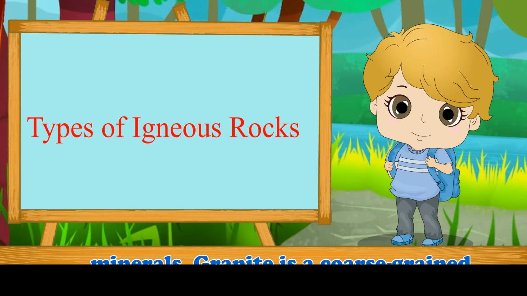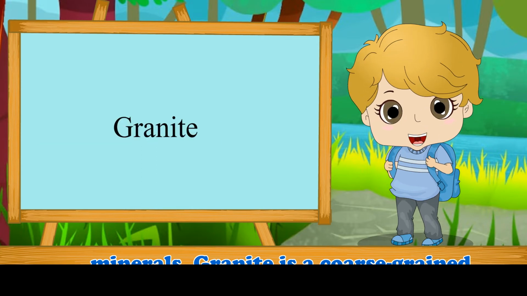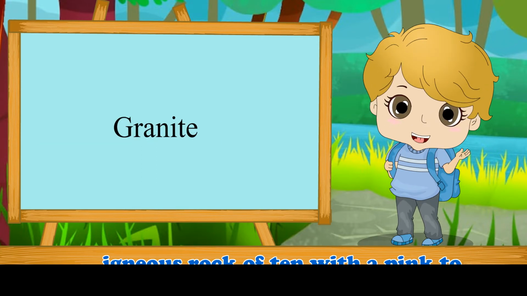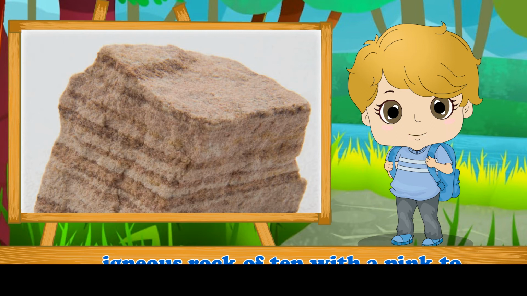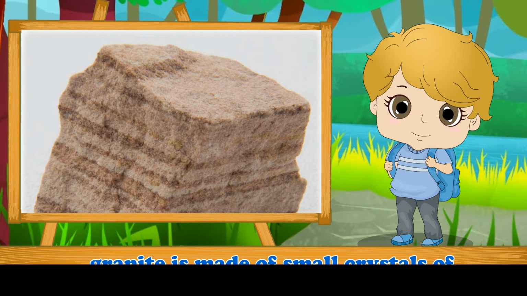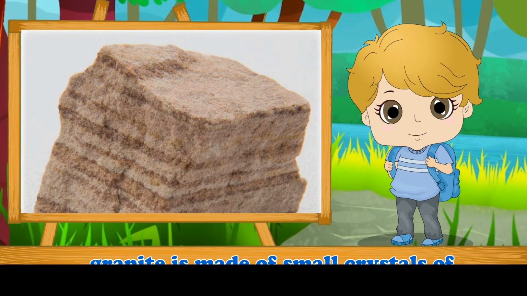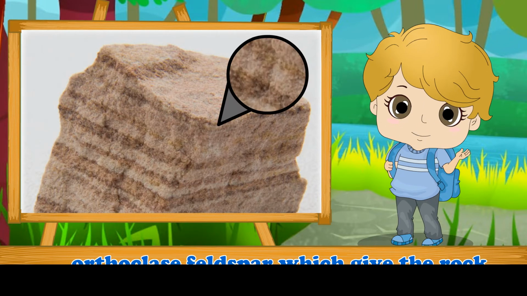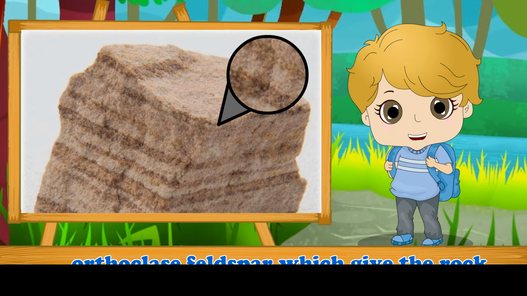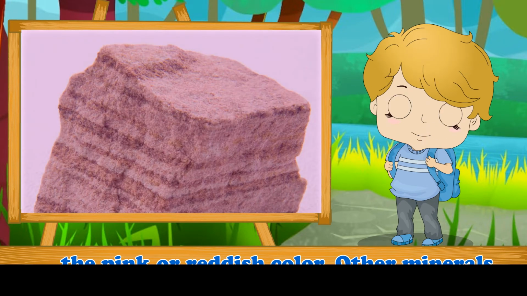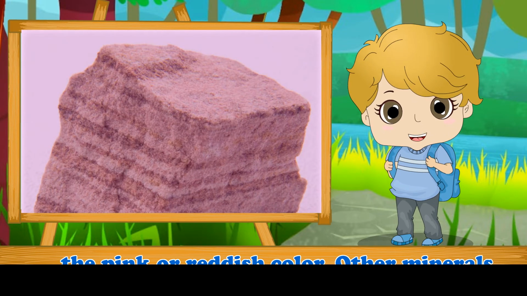Types of igneous rocks. Granite. Granite is a coarse-grained igneous rock, often with a pink to reddish color. A large portion of the granite is made of small crystals of orthoclase feldspar, which give the rock the pink or reddish color.